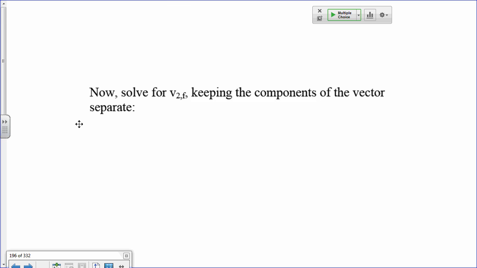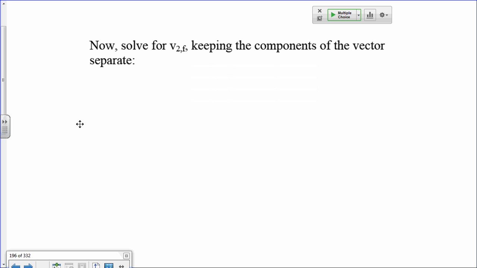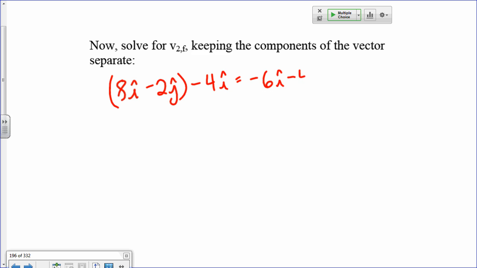All right, so I can solve for that v2f. I'm just going to sort of expand those. I have 8i minus 2j plus negative 4i equals negative 6i minus 4j plus 2 v2f.